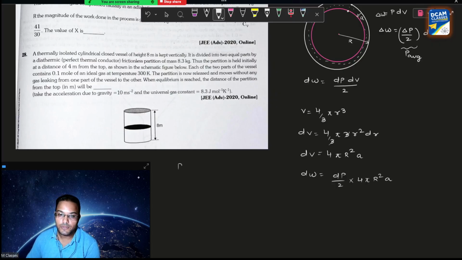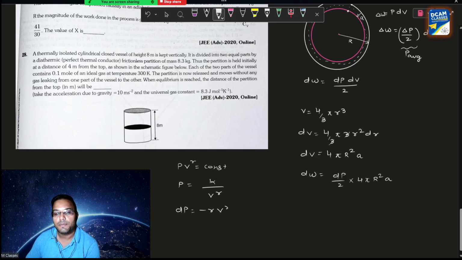Now PV power gamma is there. Suppose I take P is equal to constant K by V power gamma, so I can write dP is equal to minus gamma K by V power 1 plus gamma into dV.